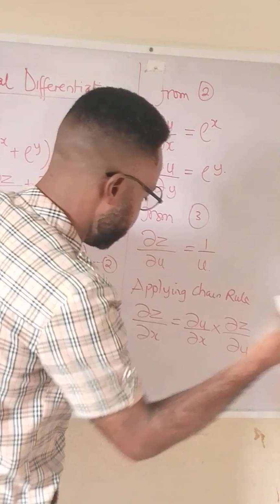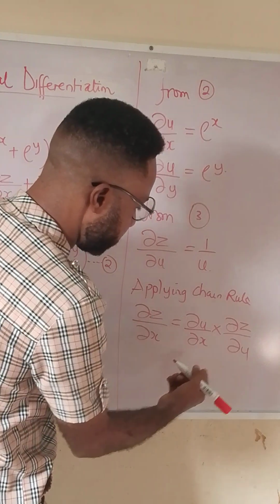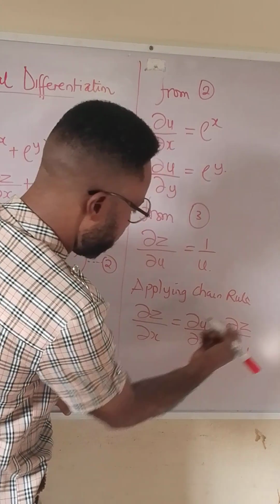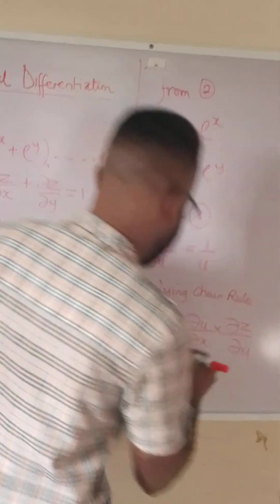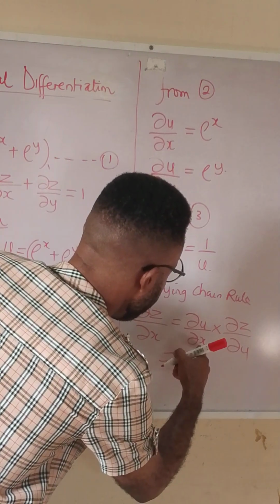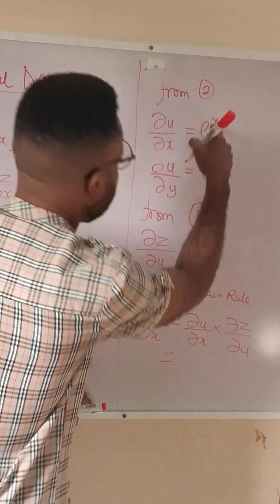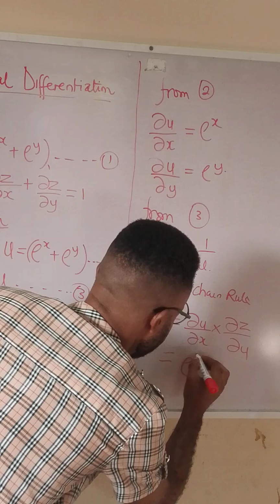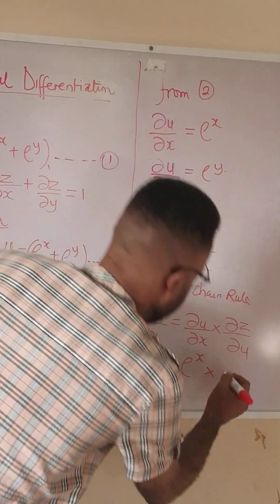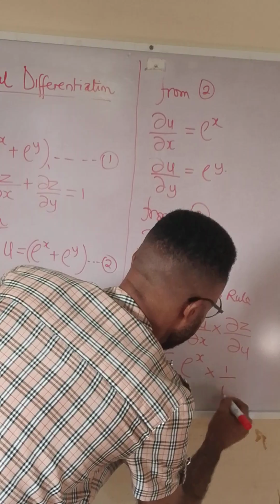I said in the other videos that when you cancel out the common term, it will still give you what is on the left hand side. The partial derivative of u with respect to x is e^x, and the partial derivative of z with respect to u is 1 over u.